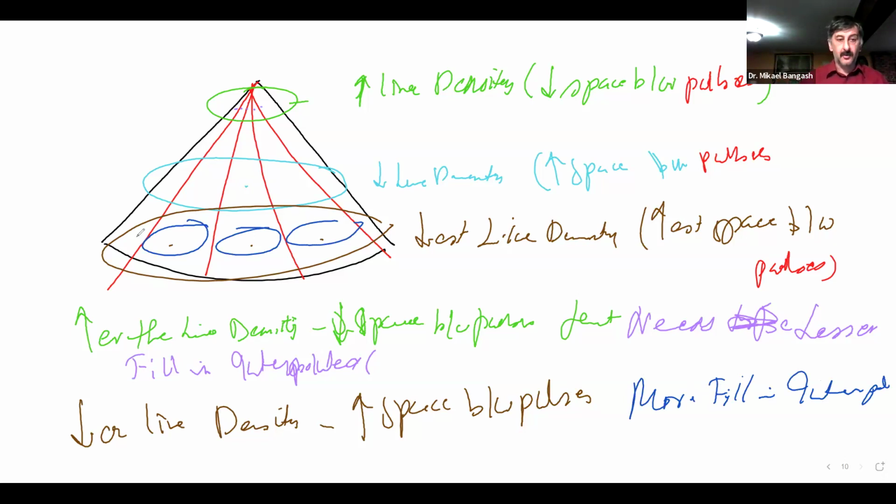We need to compare this pulse to this pulse, this pulse to this pulse, and this pulse to this pulse, to guess the gray shades that need to fit here, here, and here. Versus here, the space between the pulses is lesser. Did that make sense?